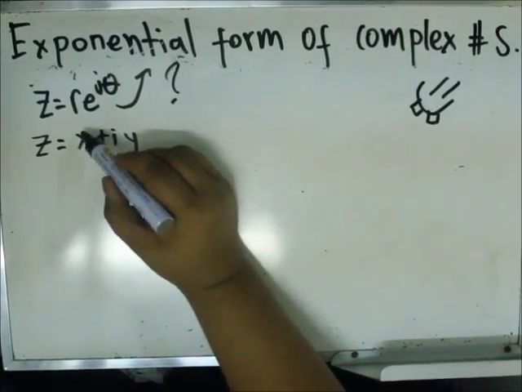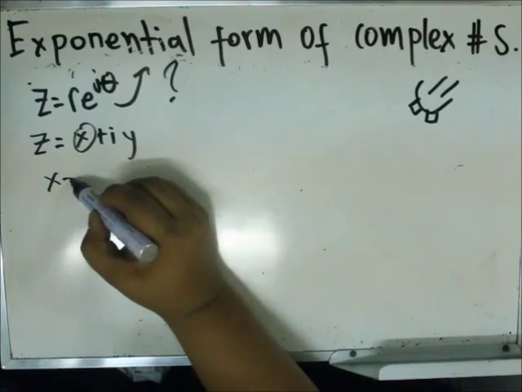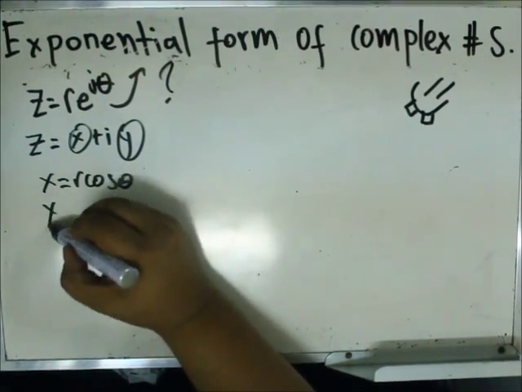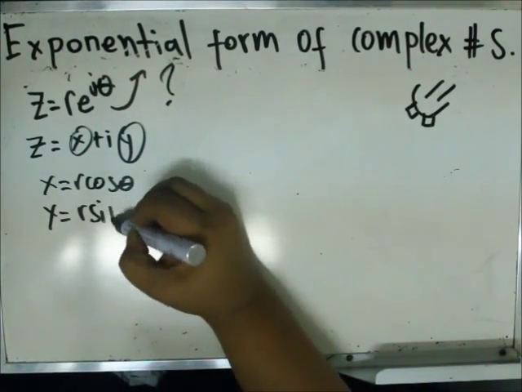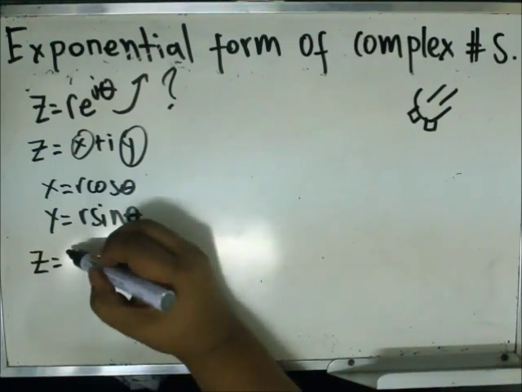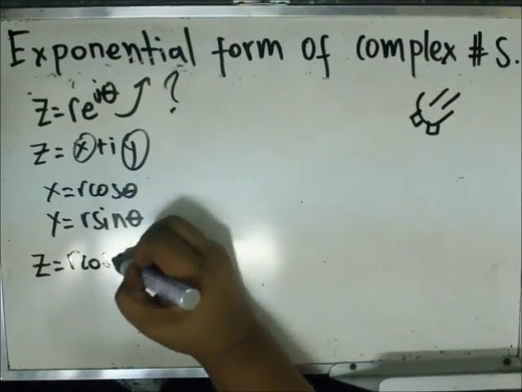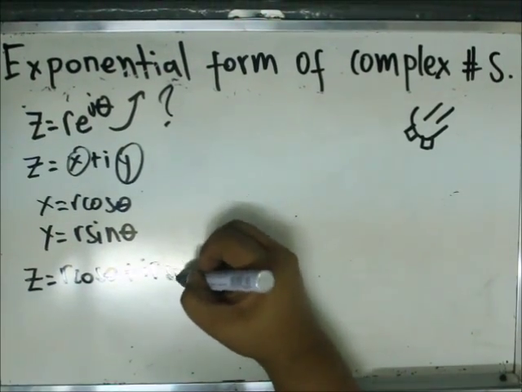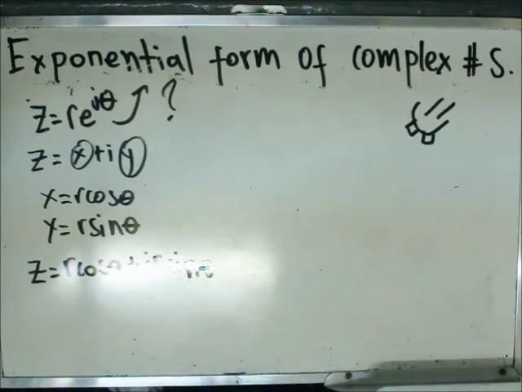Now, knowing that x is equal to r cosine theta and y is r sine theta, we can substitute these values into the rectangular form. z is equal to r cos theta for x plus i r sin theta for y.